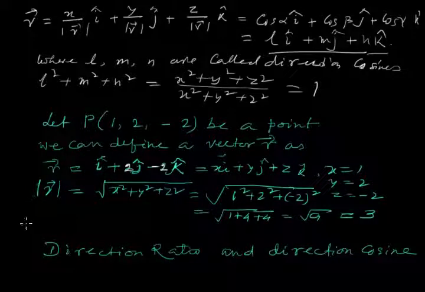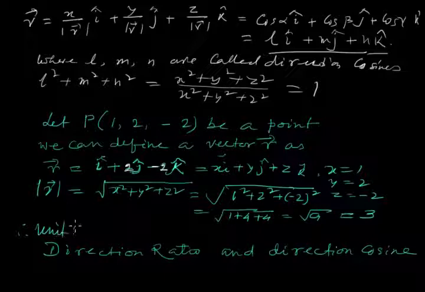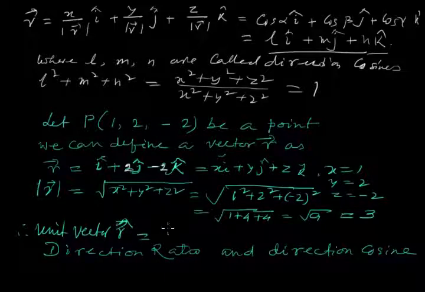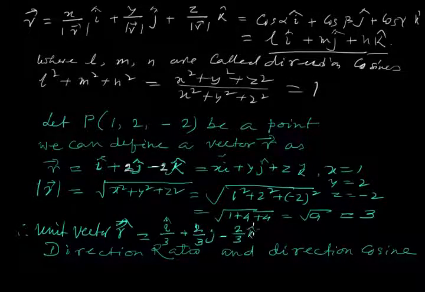Therefore, the unit vector r cap is equal to i by 3, 2 by 3 j, minus 2 by 3 k cap.